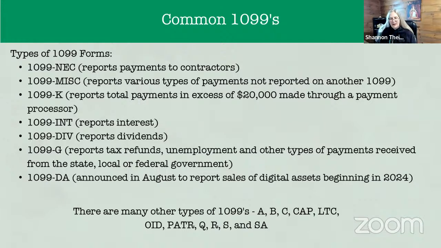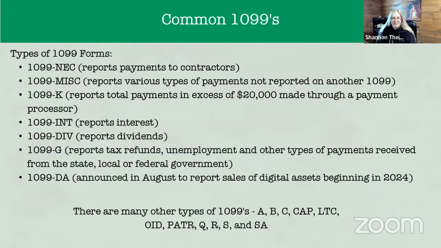A 1099 INT reports interest, a 1099 DIV reports dividends, a 1099G, which a lot of people hadn't received or seen much until the pandemic, but it reports tax refunds, unemployment, and other types of payments received from the state, local, or federal government. And then in 2024, there will be a new 1099 called the 1099-DA, which is for digital assets.